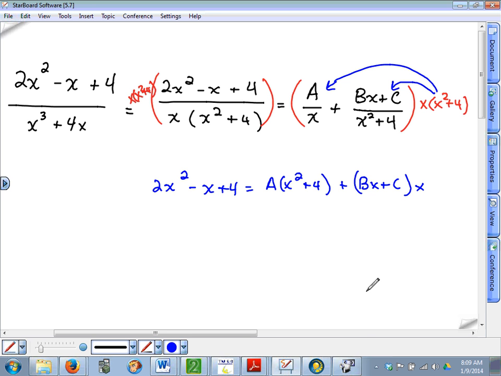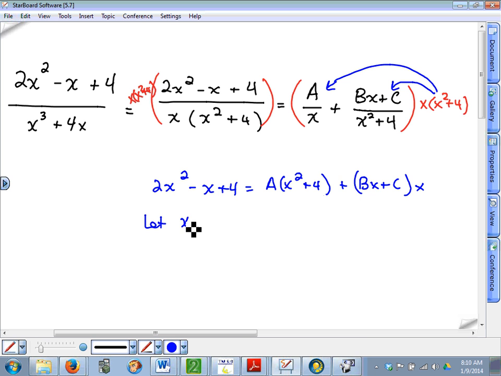We can solve for A. Is there any value of x that would cancel the other piece out? No, not any real numbers, only imaginary numbers. So we do have one convenient value of x. x could equal 0. That'll let us solve for A, but that's going to leave B and C. We'll deal with that when we get to it.